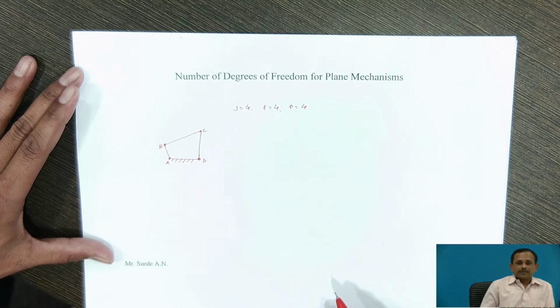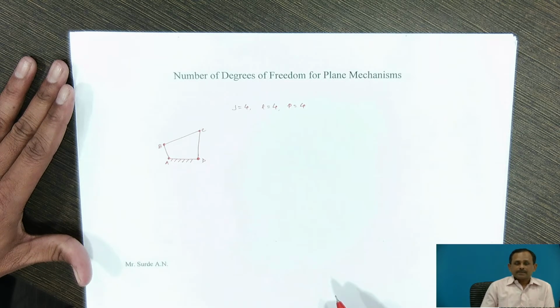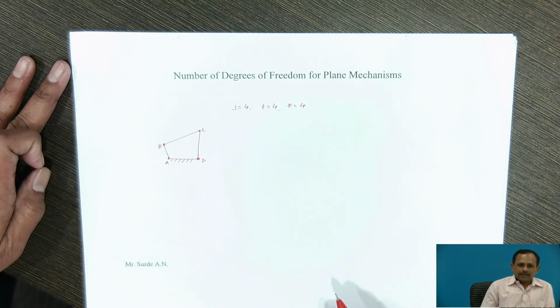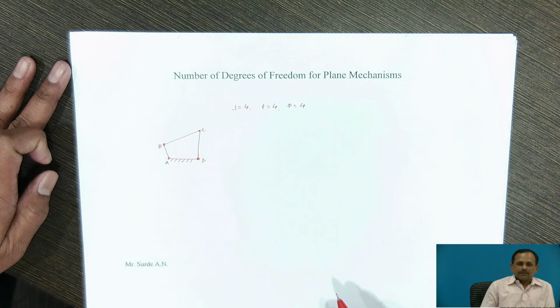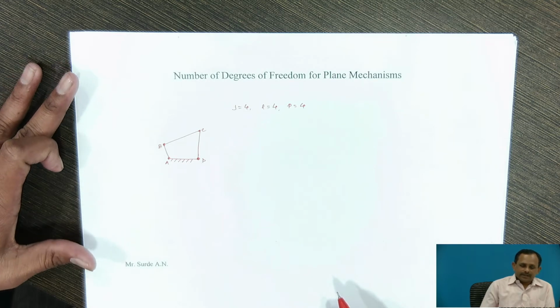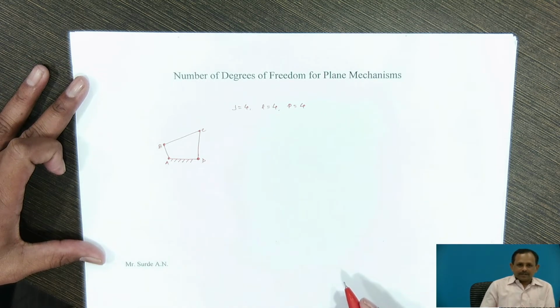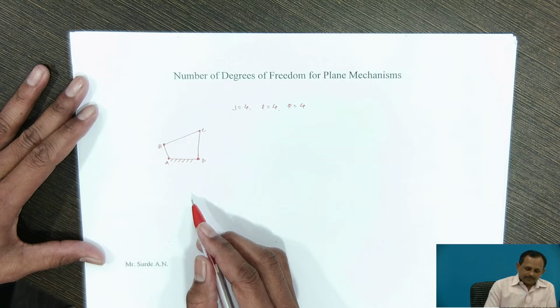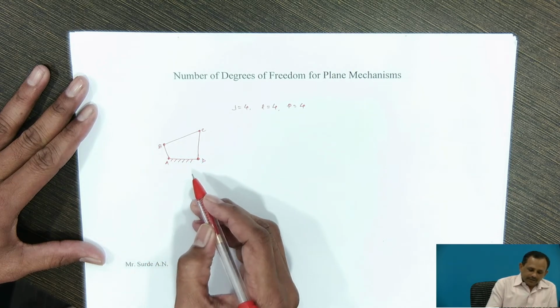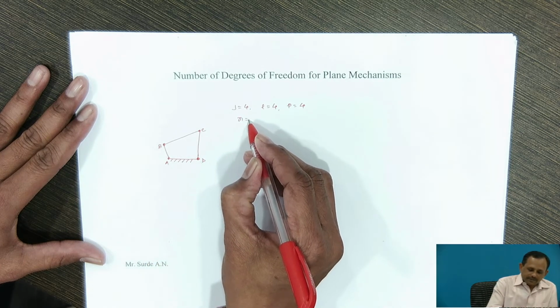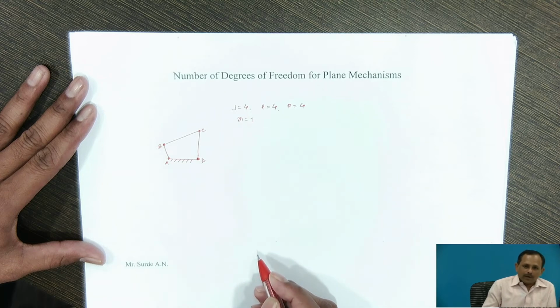From the relation between the number of links, pairs, and joints, we can determine the degrees of freedom required in order to have complete relative motion between the various links. A 4-bar chain has a number of degrees of freedom equal to 1.